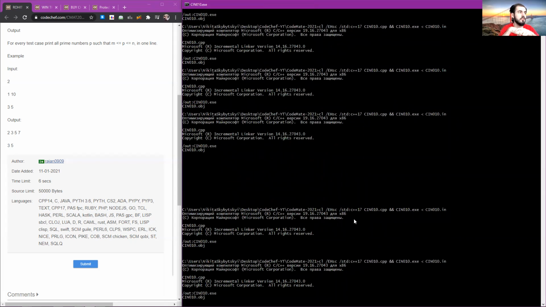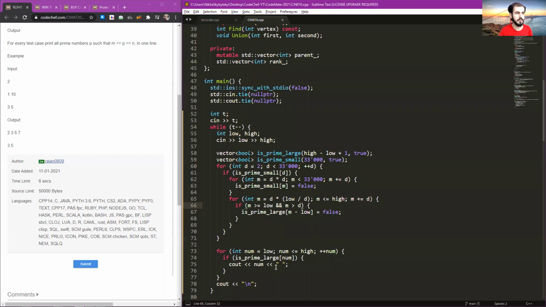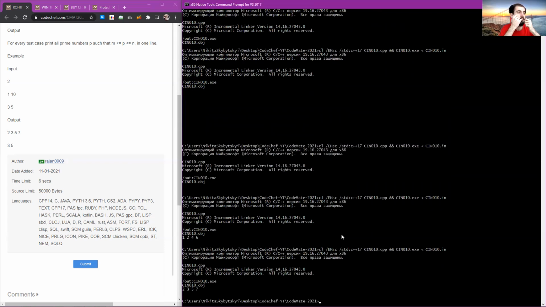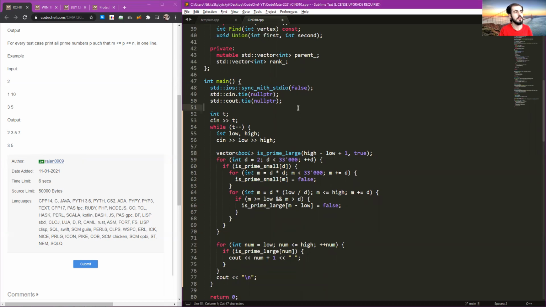Divisor should not be, okay. It's almost okay. It should be 1 plus 1, right? Second sample is wrong. From 3 to 5, we have, actually this part we can do once for all test cases, right?